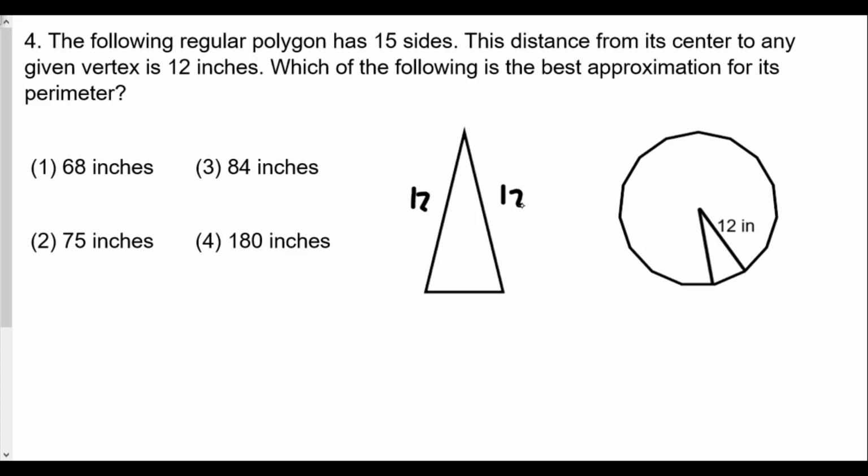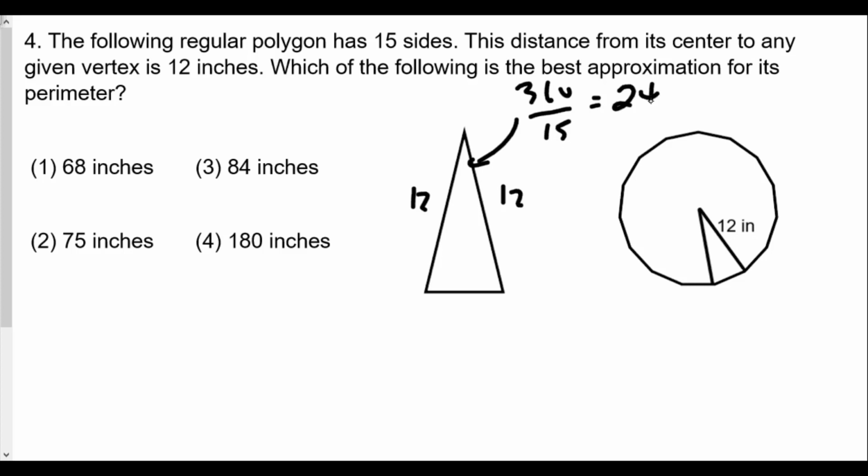To find the angle measure in between, we're going to do 360 divided by 15, because 15 different triangles can be formed since they're all evenly spaced. So we divide 360 by 15, and I believe we get 24 degrees.